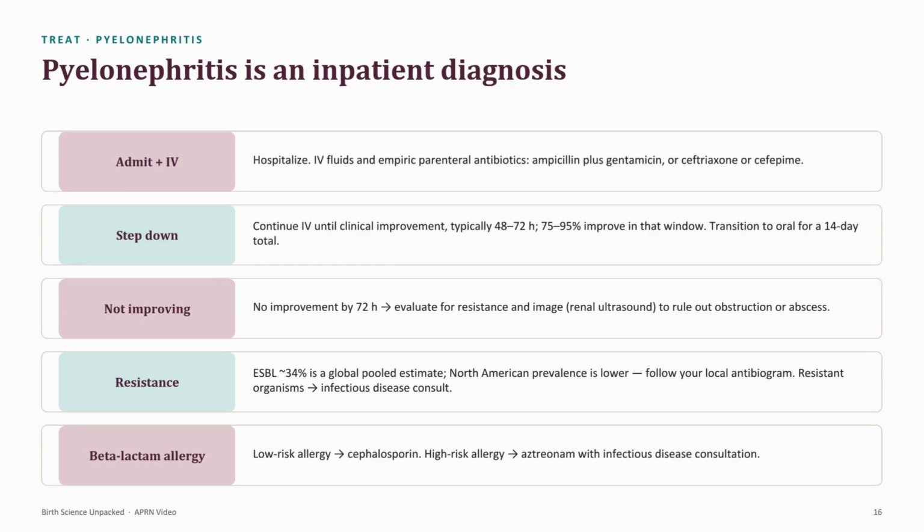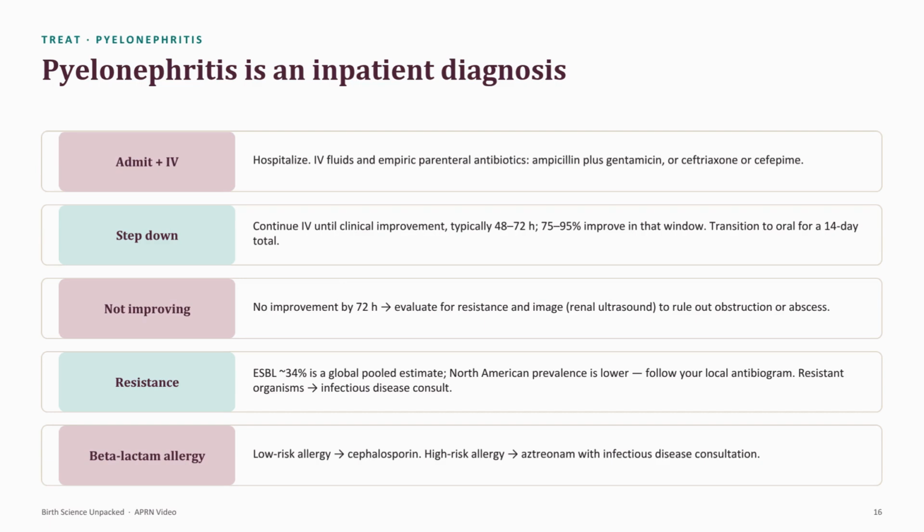Keep intravenous therapy going until the patient improves, usually 48 to 72 hours, and 75 to 95% do improve in that window. Then step down to oral to complete a total 14-day course and obtain a urine culture after completion to confirm clearance.